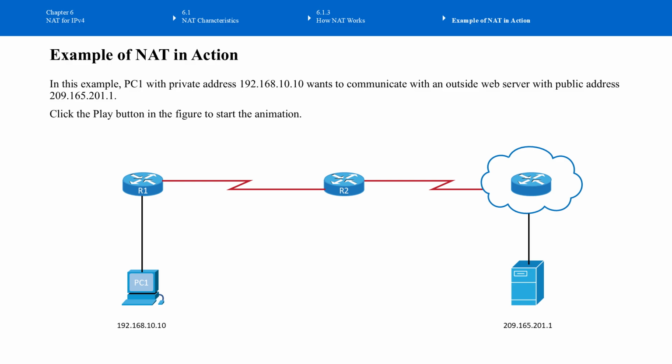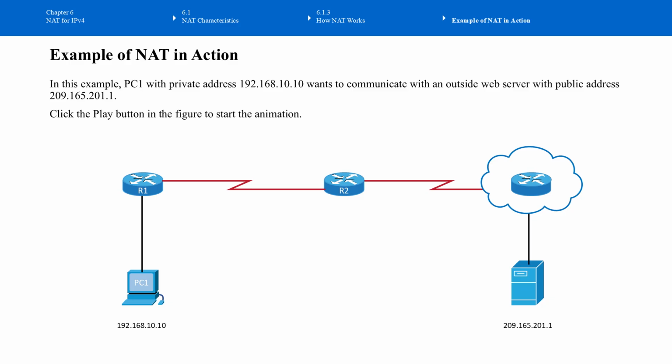Step 3. Packet travels across the internet. The packet is forwarded through the ISP to the destination server. The web server receives the packet and sees the source IP, the router's public IP address, and also the destination IP 209.165.201.1.